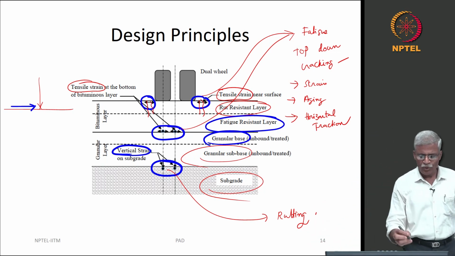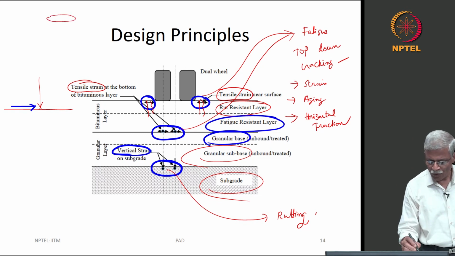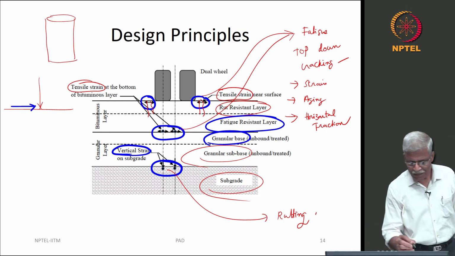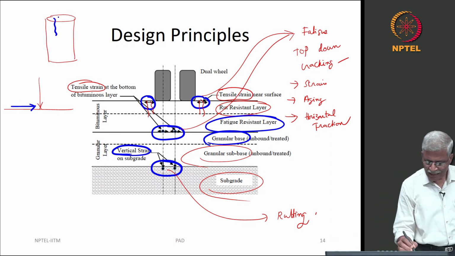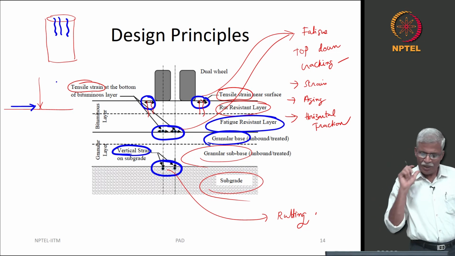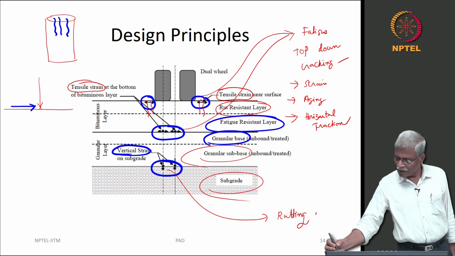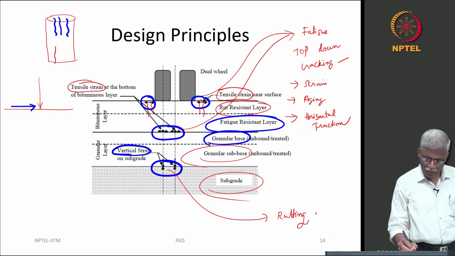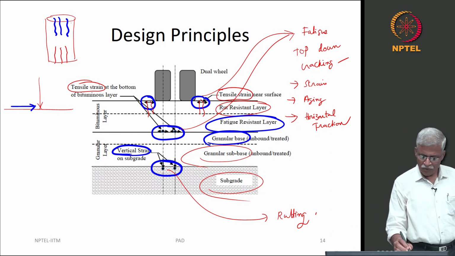And in fact, if you take a core of such material, you will actually see that the crack propagates from the surface and goes down, but normally we expect that the cracks will propagate from the bottom and go to the top.